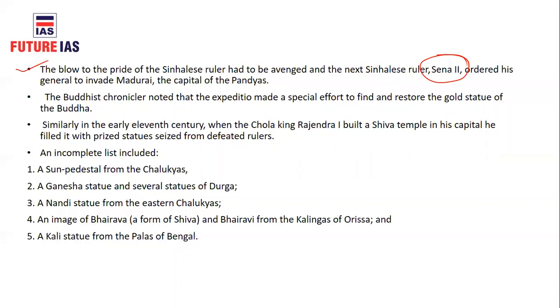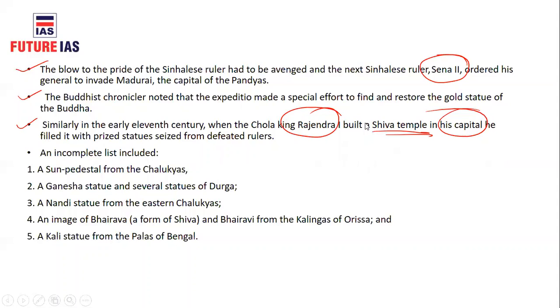The point was to expedite the effort to find and restore the gold statue of the Buddha, which was plundered by the Pandya king when he invaded the Lankan king, or Sri Lanka. All right.